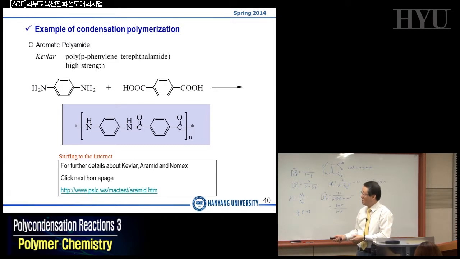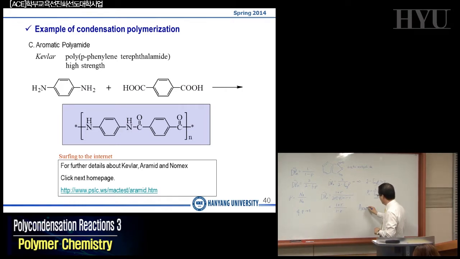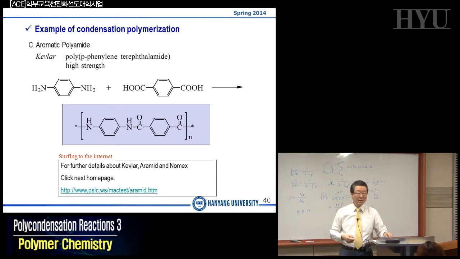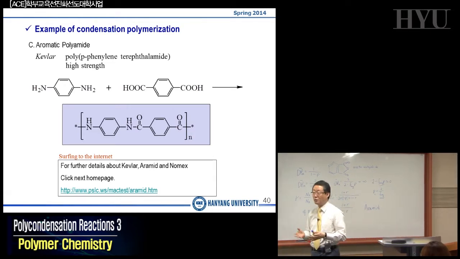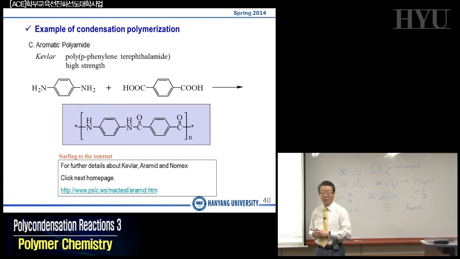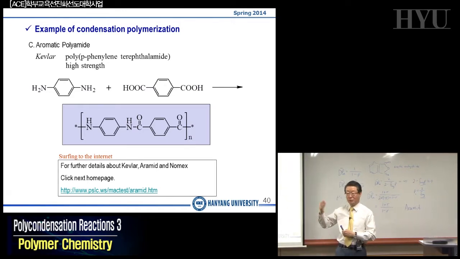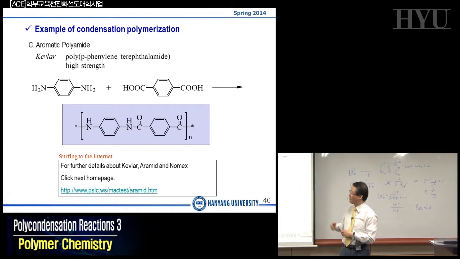Now you can see much more about this. We call this aramid as a short name. Aramid, aromatic amide, is a short name of this Kevlar fiber, or Nomex fiber, which I will tell you in the next slide.